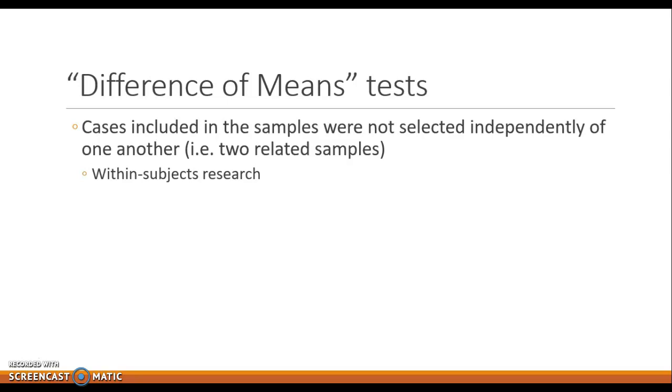You'll run into this again when you do research methods, but within subject research is when we use the same subjects as both the experimental group and the control group. For instance, if you're testing a medication, this group will be given a depression test with the medication and a depression test without the medication. And then they'll compare the two means. So we're using the subjects as their own controls.